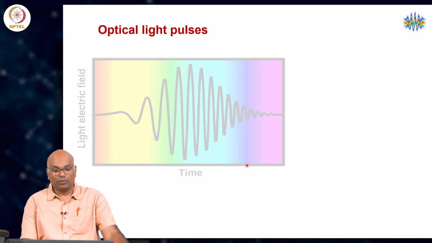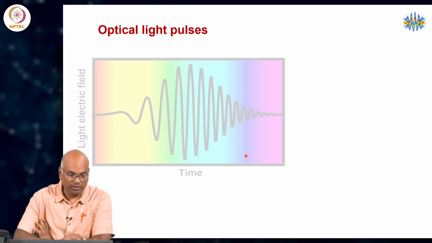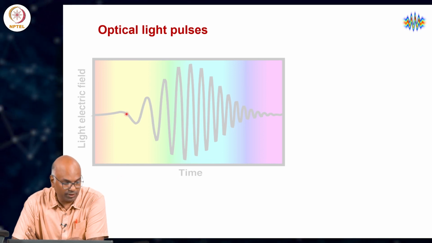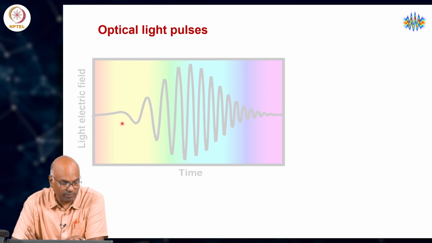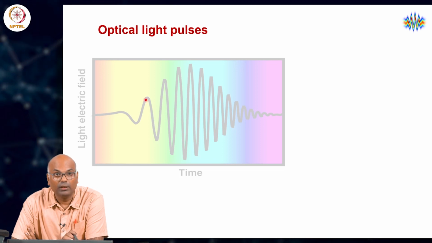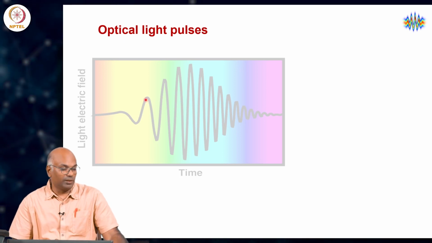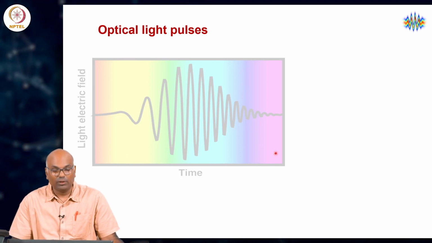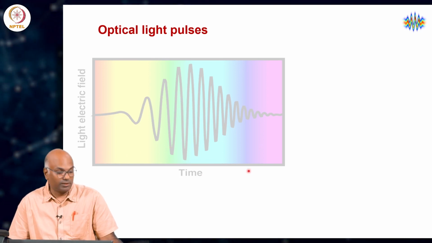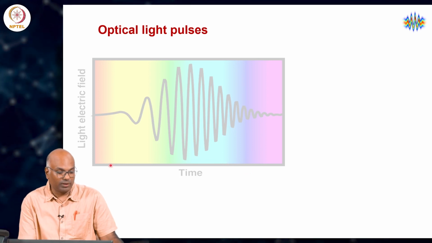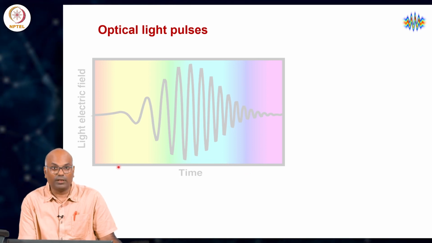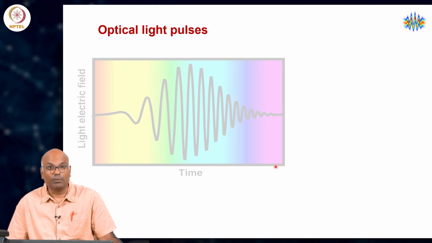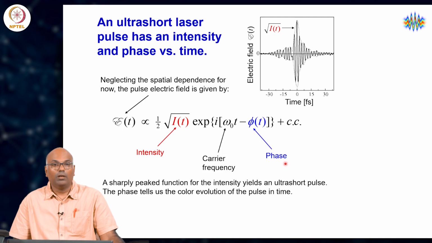Okay, so light pulse, once again, we are getting very habituated to this time domain picture where the pulse has an envelope and instantaneous frequency in time. If we sketch the electric field amplitude, with time going in the increasing direction from left to right, the instantaneous frequency of this pulse is increasing with time.